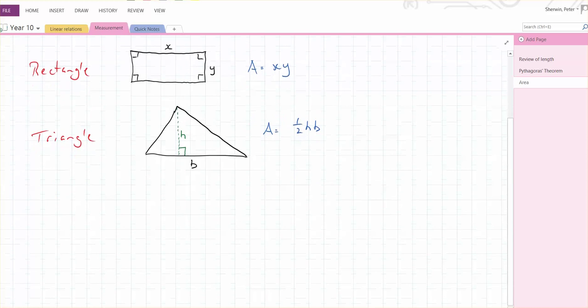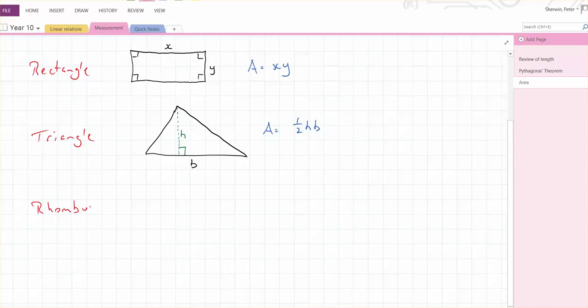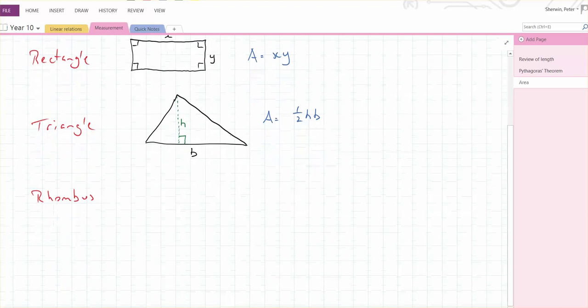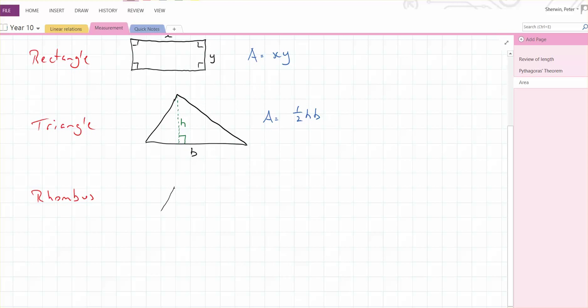Okay, moving along, rhombus. This might start to get a little bit more useful now in terms of remembering what these things are. Now, a rhombus is a square that's been displaced, so that we don't have right angles here anymore, but we have a quadrilateral with four equal sides, but the angles themselves are not 90.